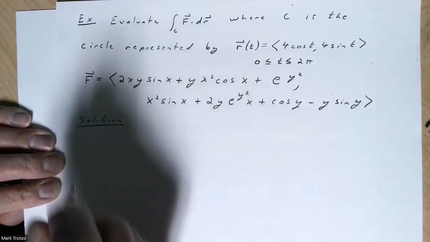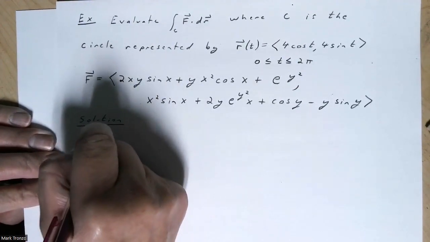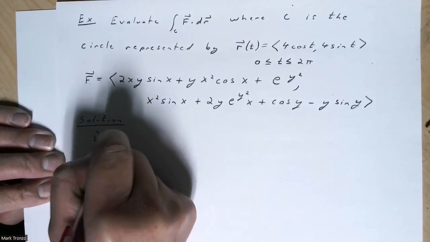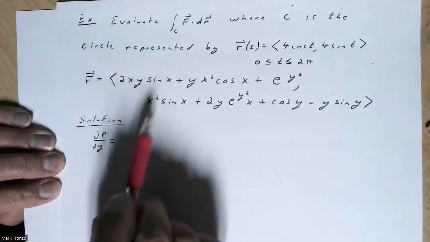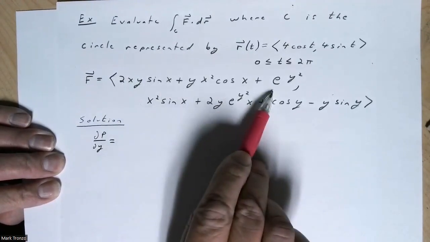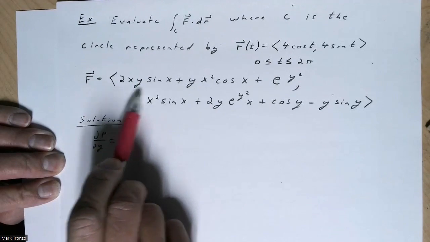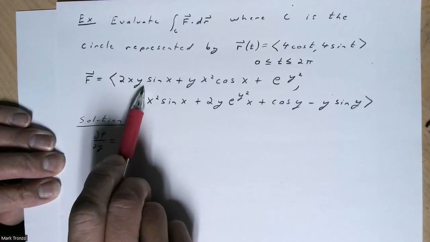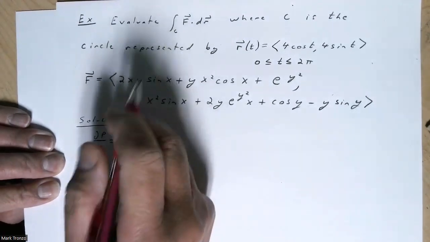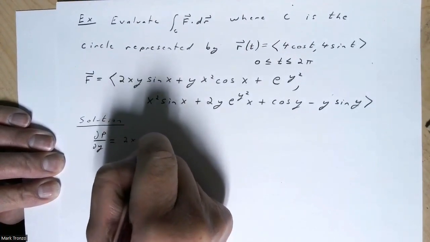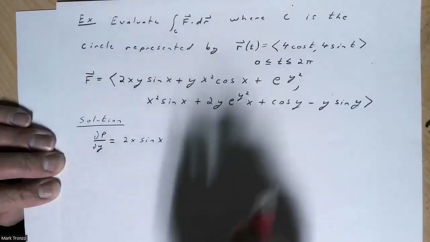Let me do the dP/dy. And let's take a look at that. That'd be the derivative of this thing with respect to y. Some of this is not too hard. This is just going to leave us with 2x sine x.